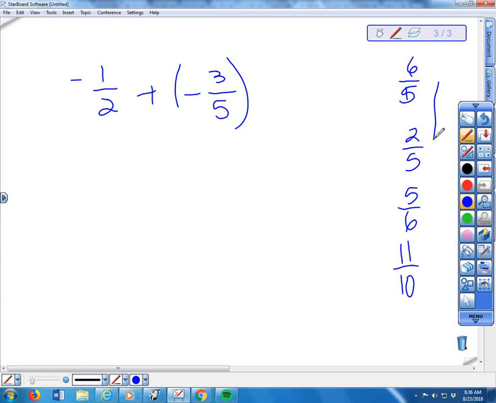Okay, so let's go back and think about negative and positive numbers from yesterday. One trick I think might help when you're adding and subtracting negative and positive numbers: if the signs are the same, it's an addition problem. The final answer will have the same sign as the two numbers.